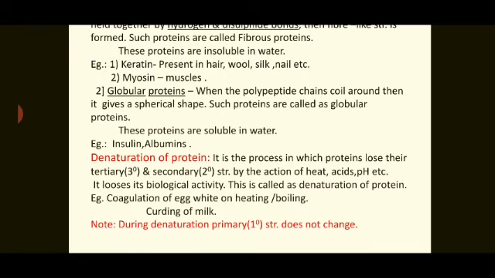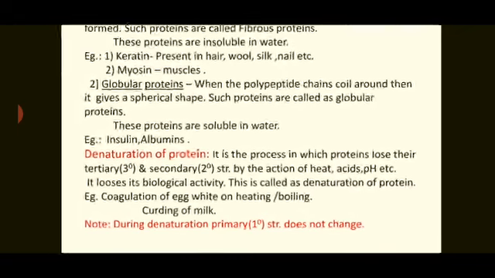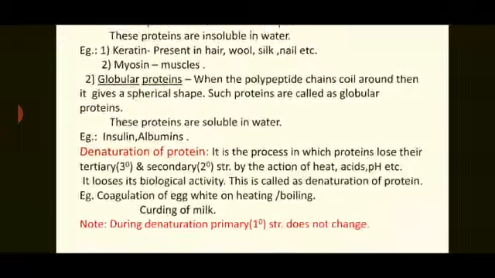Give an example. Or one more question can be asked as: during denaturation of protein, which structure does not get changed, or which structure remains unchanged? The answer is, the primary structure does not change.